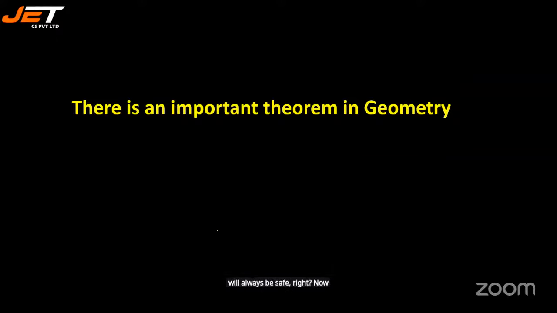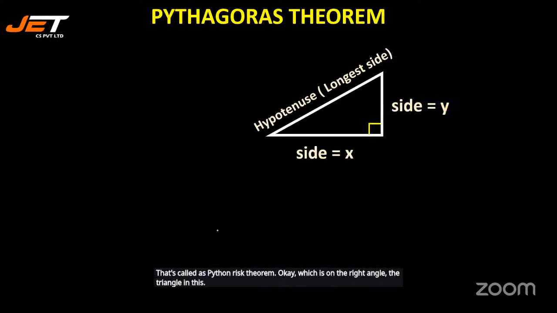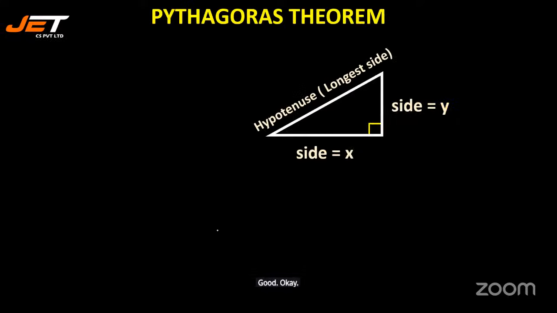Now there is an important theorem in geometry that's called as Pythagoras theorem, which is on the right angled triangle. See here, Pythagoras theorem is nothing but, see the triangle how it is being placed. The longest side in the triangle is called as hypotenuse.